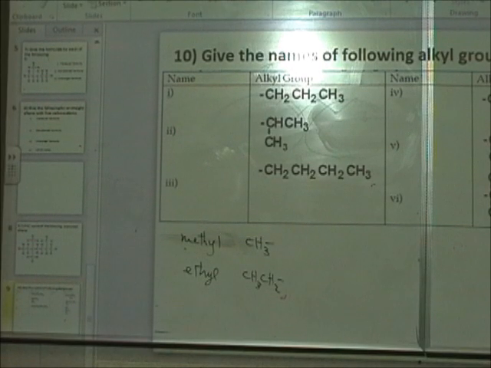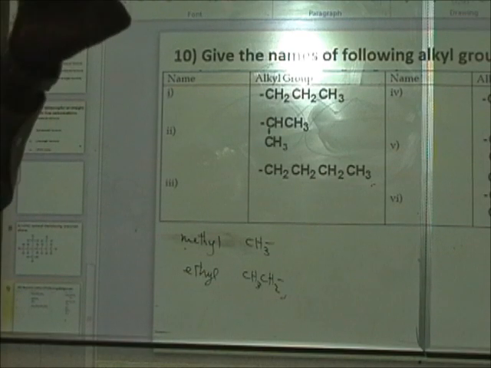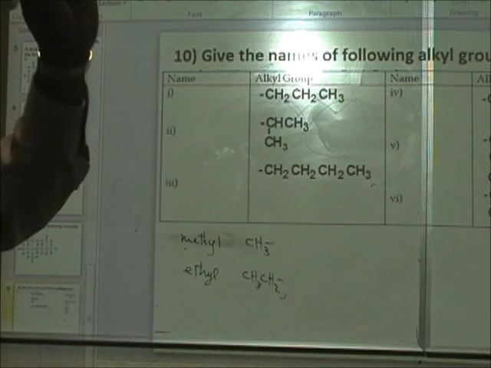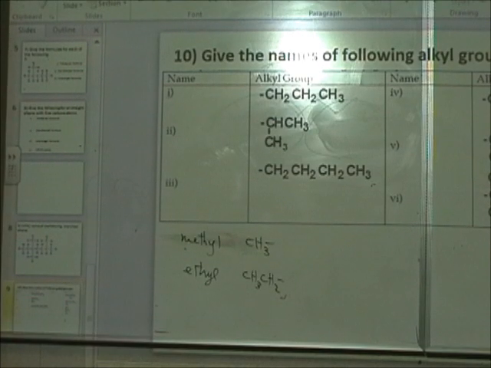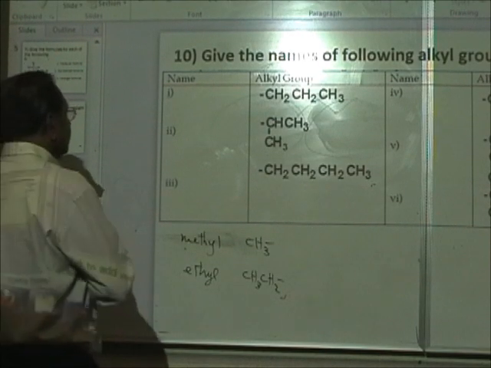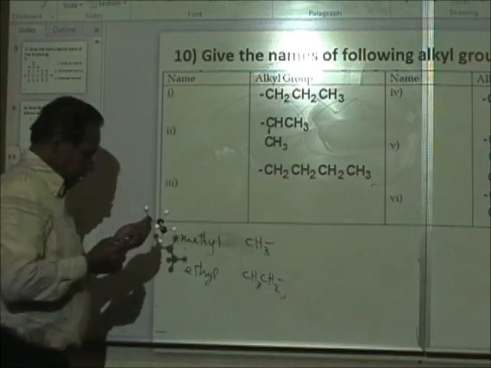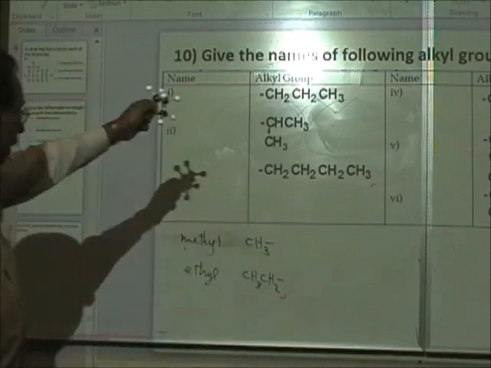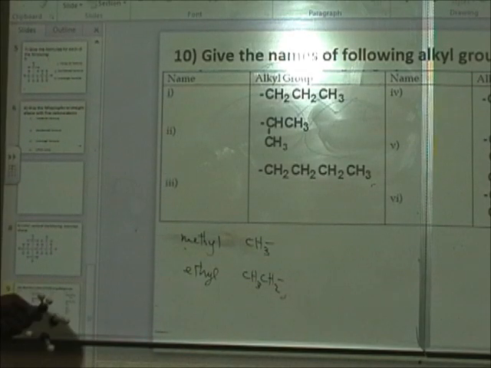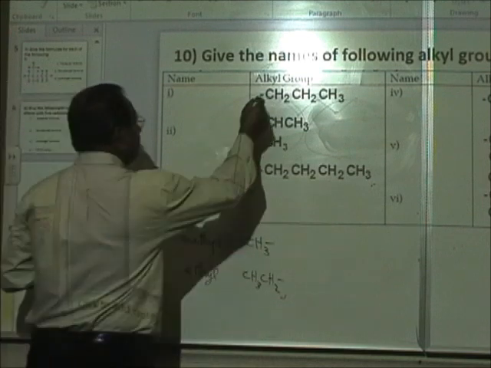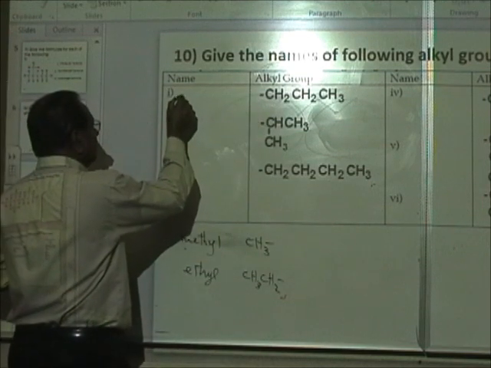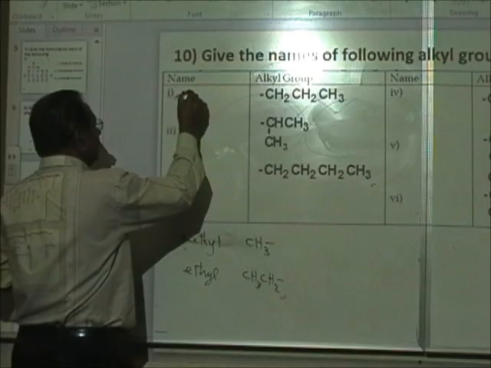Therefore, no matter what you take out from primary, you're going to get only one propyl group, right? So which one would be that? This is going to be that one. You understand that, what I wrote there? This is the one that pulled out hydrogen from a primary. That's called propyl.